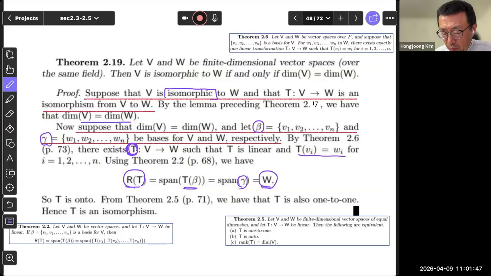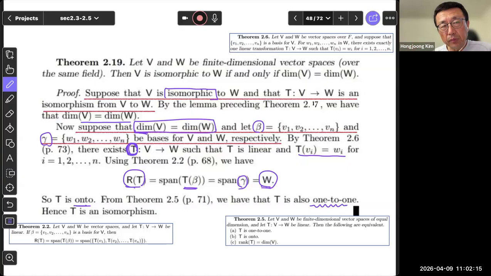So the mapping will be onto. Then that's it, right? Since the dimension of V and the dimension of W are the same, and the mapping is onto, then the mapping must automatically be one-to-one, so that it will definitely be invertible.